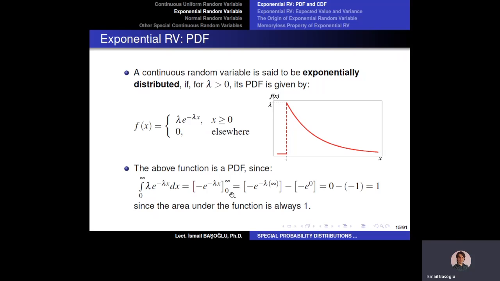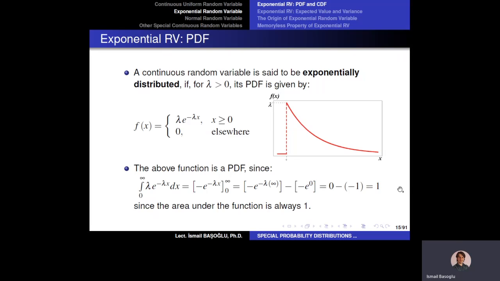So when you continue to compute this integral by plugging in the boundaries, if you plug in the infinity value first, you are going to get a 0 value here. And if you plug in 0, e to the power 0 is going to be 1. So minus 1 is going to be a plus 1. So the area under this function, the PDF, will always be 1.